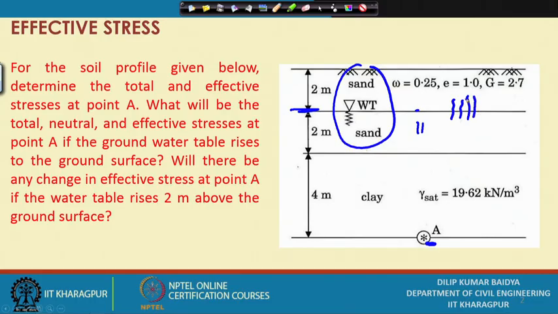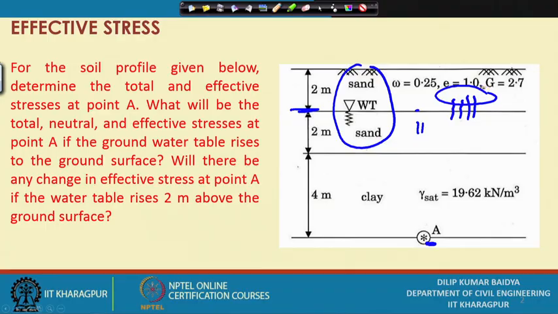Because of this capillary action, the water can rise and saturate some amount of soil. So, above the water table there are three possible situations: saturated by capillary rise, partially saturated, meaning some water is retained by the soil, or completely dry.